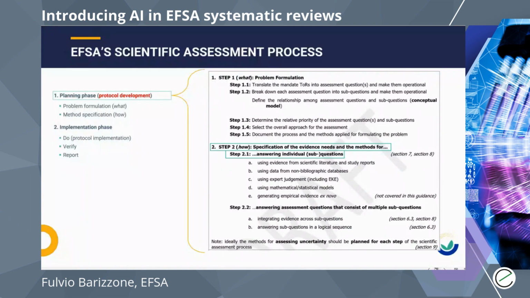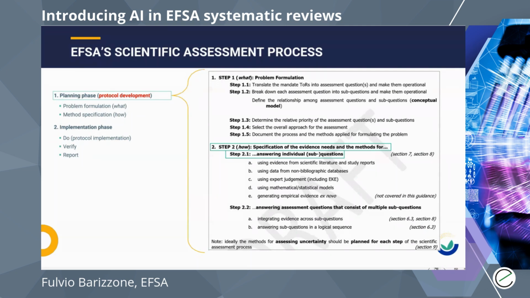In that respect, roughly speaking, we have 5 main sources of evidence that we are going to use. We can use bibliographic databases, scientific literature or study reports, and non-bibliographic databases. We also use a lot of expert judgment. We use mathematical statistical models, and sometimes we generate de novo empirical evidence.